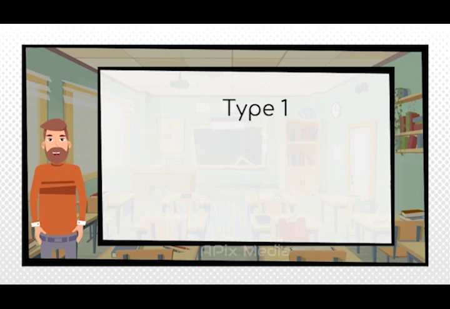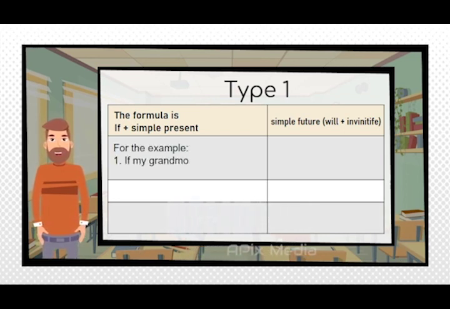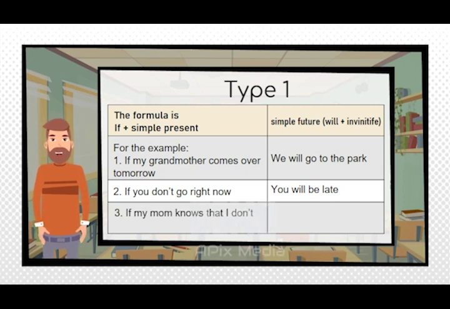The formula is if plus simple present, then simple future, will plus infinitive. For example, 1. If my grandmother comes over tomorrow, we will go to the park. 2. If you don't go right now, you'll be late. 3. If my mom knows that I don't study, my mom will ground me.